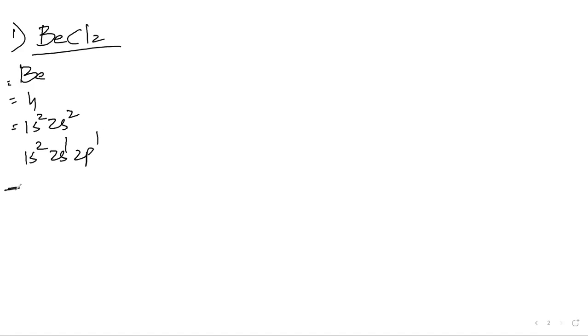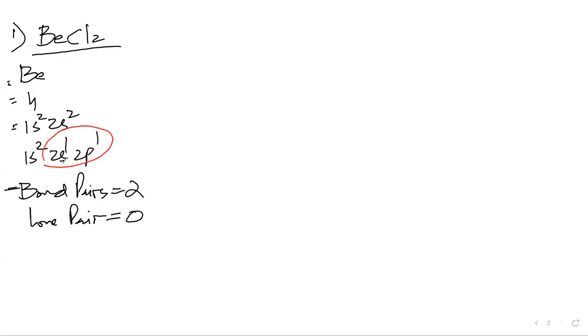So how many bond pairs? 2 bond pairs. And how many lone pairs? There is no lone pair, because we consider only the valence shell, not the inner shells. So bond pairs 2 and lone pairs 0.